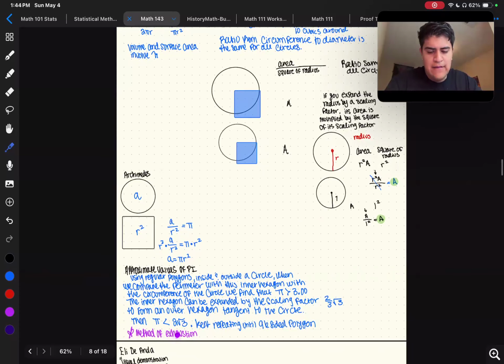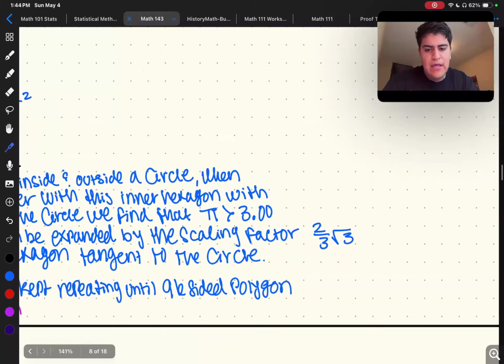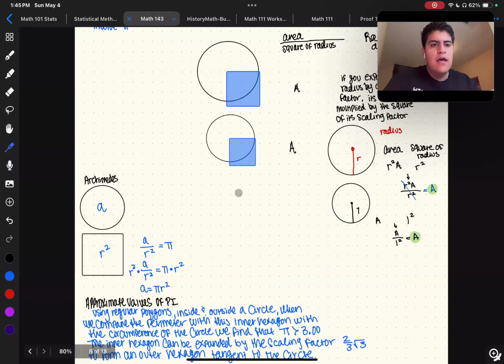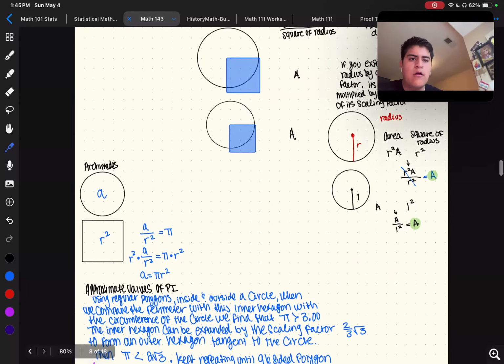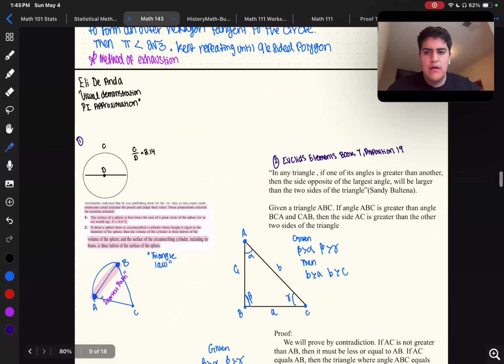So then pi is less than 2 root 3, and then we keep repeating until we have a 96-sided polygon. And I'm going to explain in more depth what we are discussing.